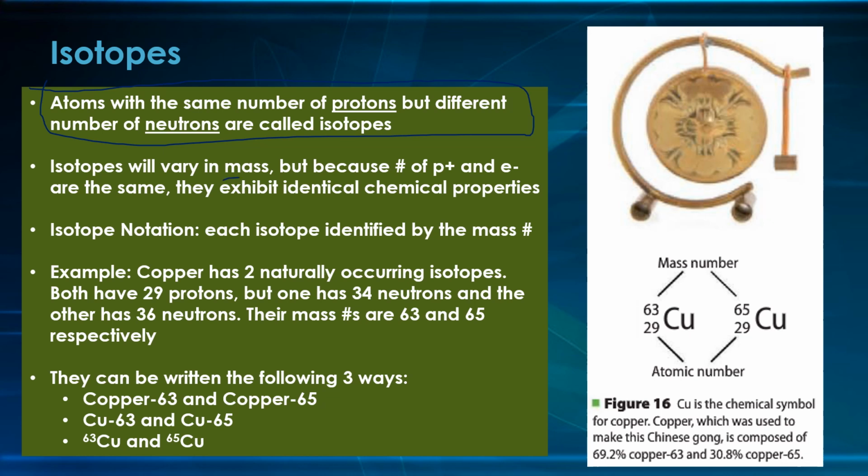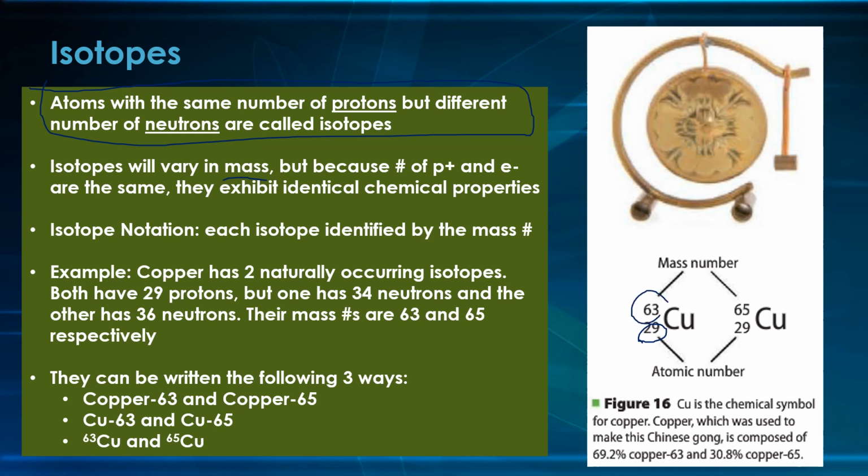Isotopes will vary in mass, but because the number of protons and electrons are the same, they exhibit identical chemical properties. So again, I want to reiterate that the number of protons is what identifies an element. So if an element has 29 protons, it's an atom of copper. It has to be an atom of copper. Now the mass of that copper atom can change.